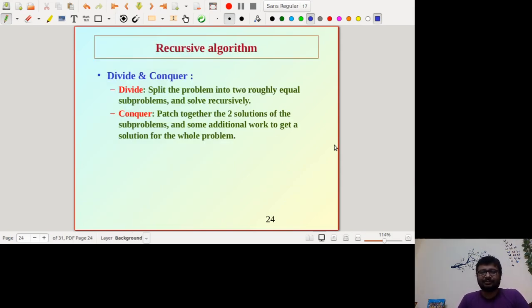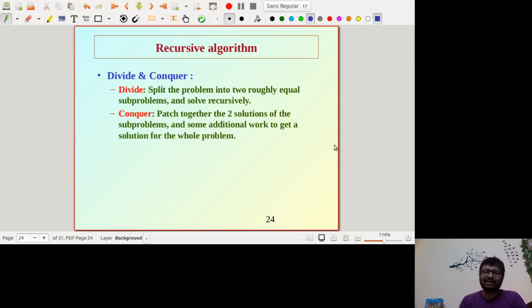Okay, recursive algorithm, divide and conquer. We have written such programs in this course. It has two steps: divide, which is to split the problem into two roughly equal subproblems, which you solve recursively.